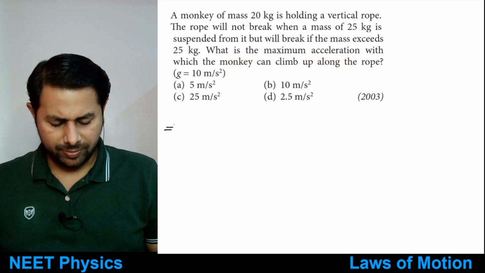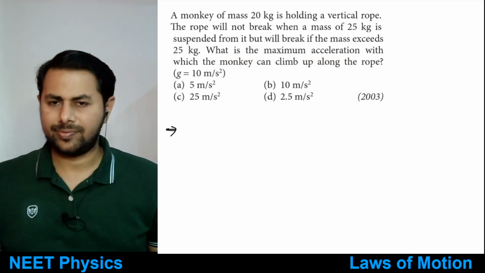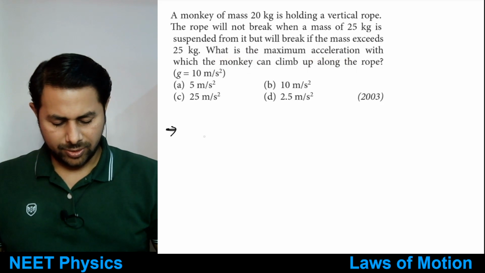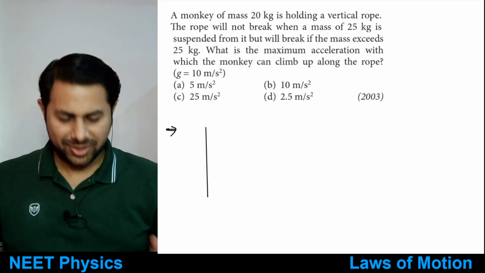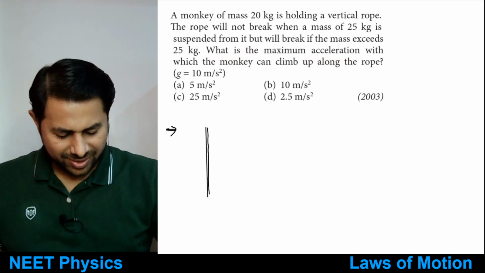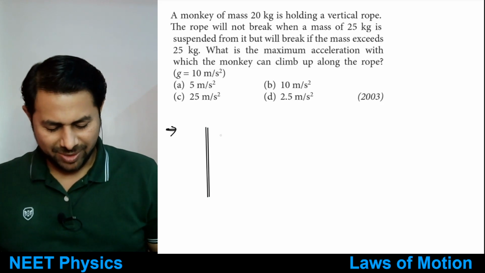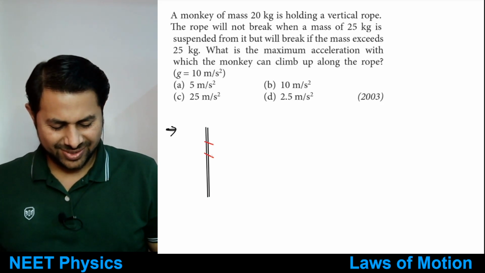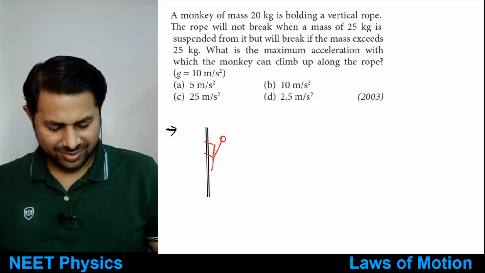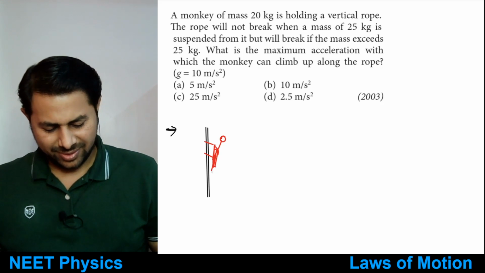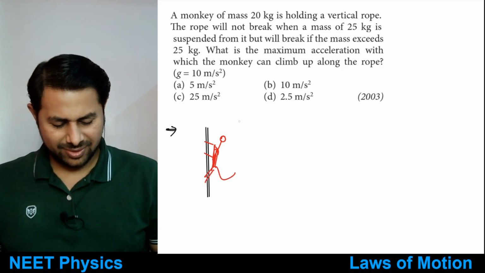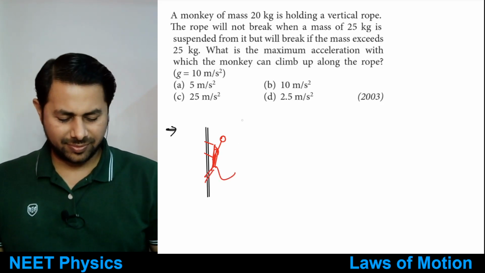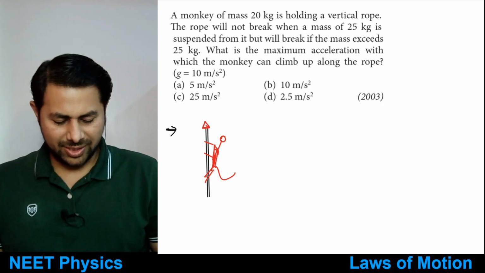So the same problem. Now the monkey is moving up the rope. So again we have this monkey. You don't need to draw this in the exam. By the time, you can just tell me the formula. The monkey is accelerating upwards. There will be some tension in this rope.